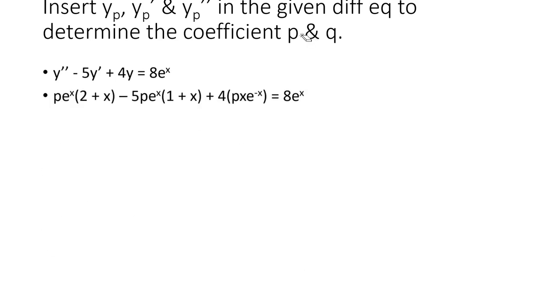So you plug in yp, y prime p, y double prime p into the differential equation to determine p. This one is a y double prime, this one is a y prime, and this is a y.